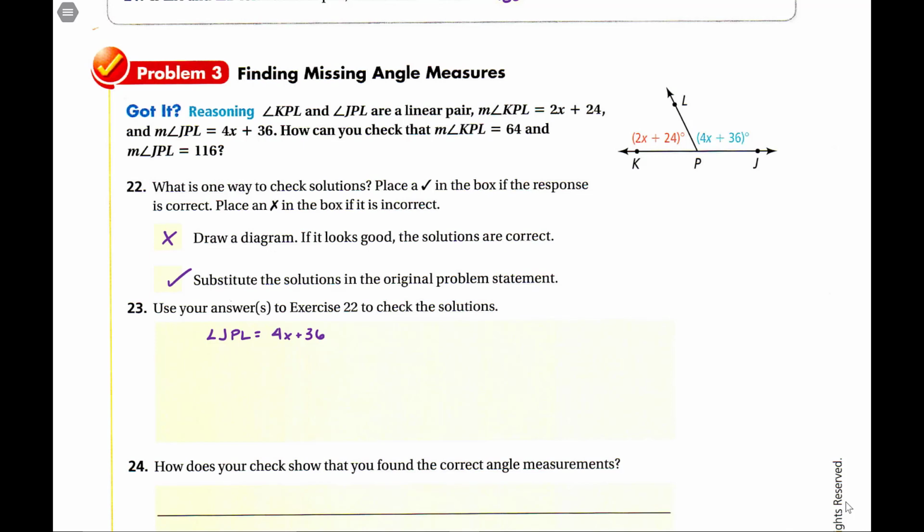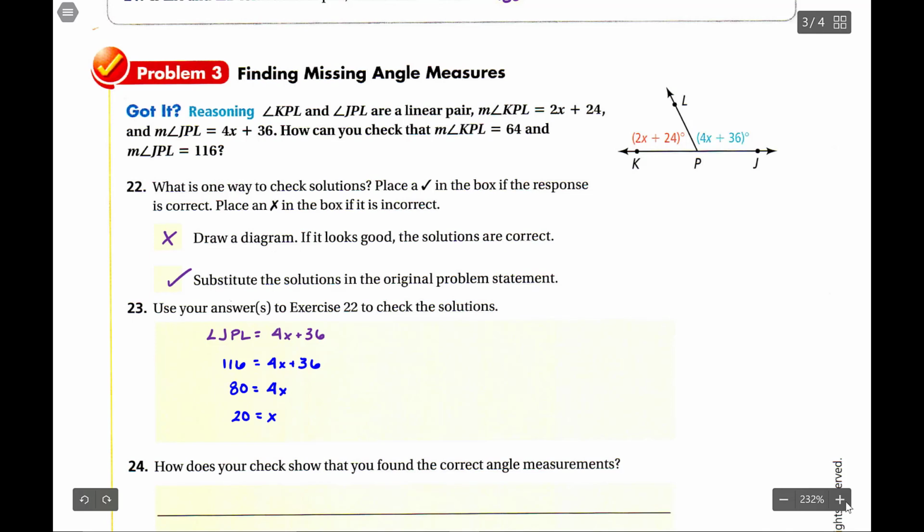So we can take 116 and replace angle JPL. And then we would go through and solve this for x. So we subtract 36 from both sides, divide by 4, and we get x is equal to 20.